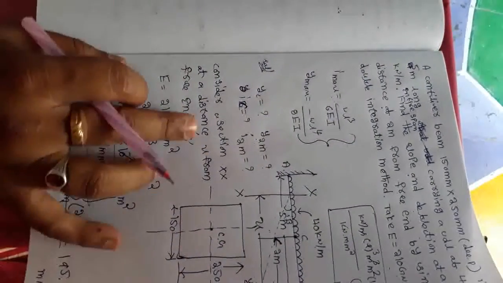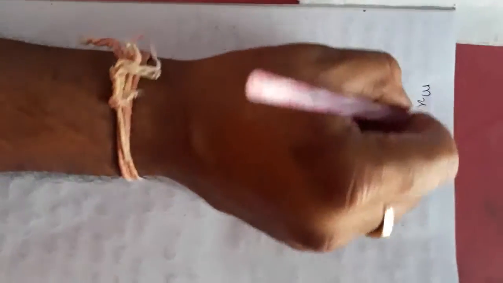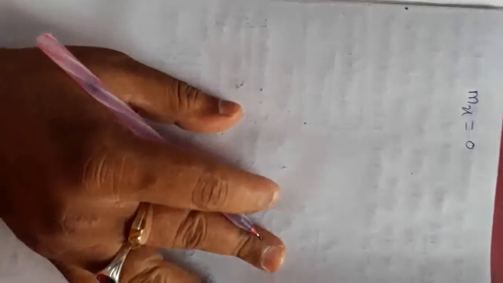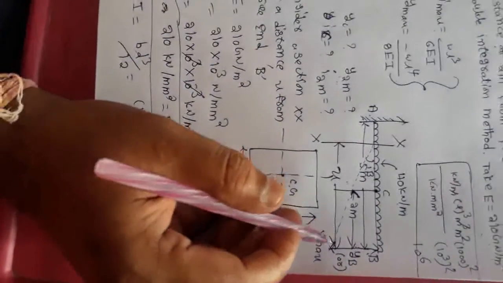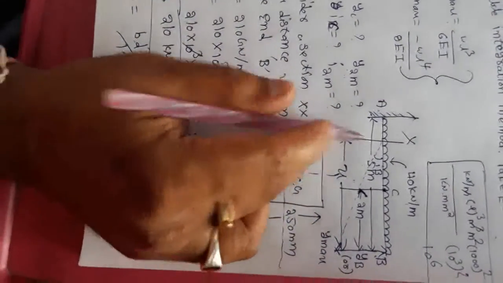And next consider a section x dash x at a distance of x from the free end. So take all moments from x equal to 0. You can transfer these moments from B to x dash x.